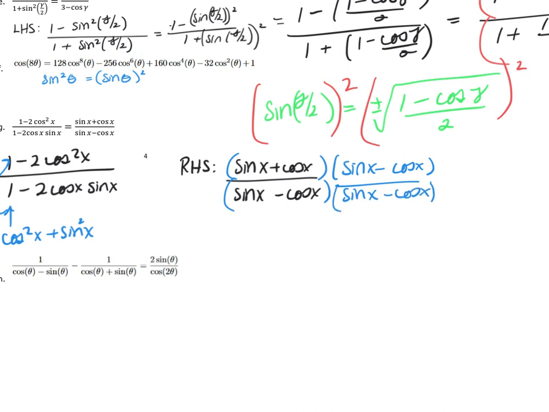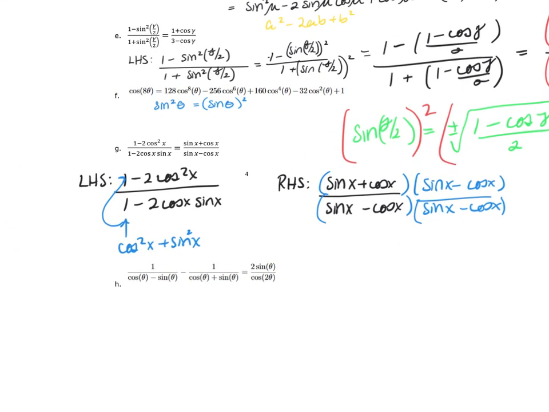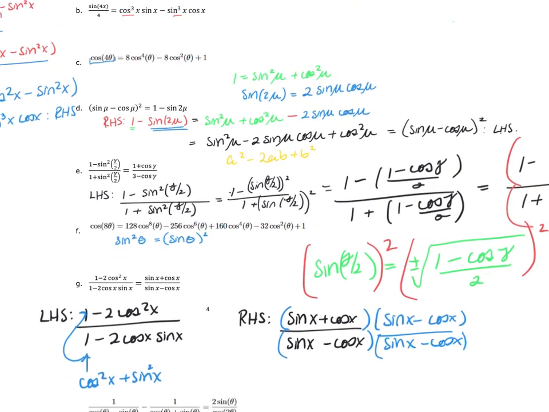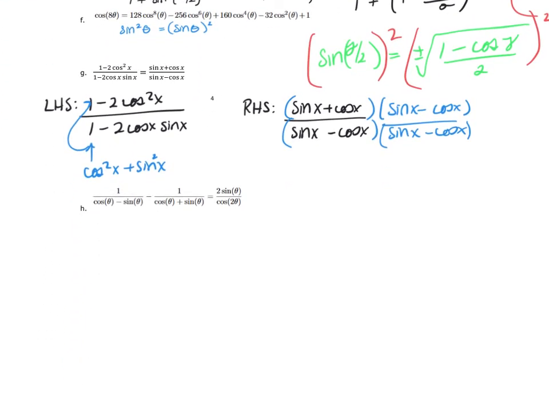So there you are, starting you either way. If you start with the left-hand side, you replace 1 with cosine squared plus sine squared, and you're going to do like I did up here on D. If you choose the right-hand side, you're going to multiply by the conjugate of the numerator, not the denominator for once, so it's going to be the numerator.